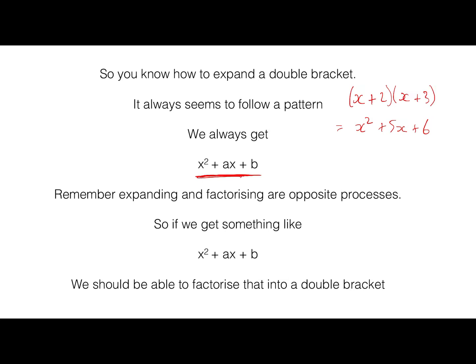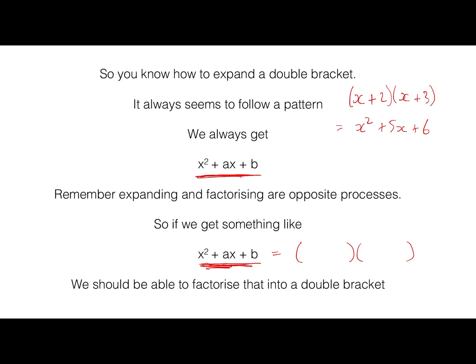And remember that expanding and factorising are opposite processes. So if I give you something that looks like this, I can ask you to factorise it. Then what you should know is that it's come from a double bracket. So if I wanted you to put brackets back in, this time it wouldn't be a single bracket, it would be a double bracket. And then all you need to do is work out what goes in those brackets.